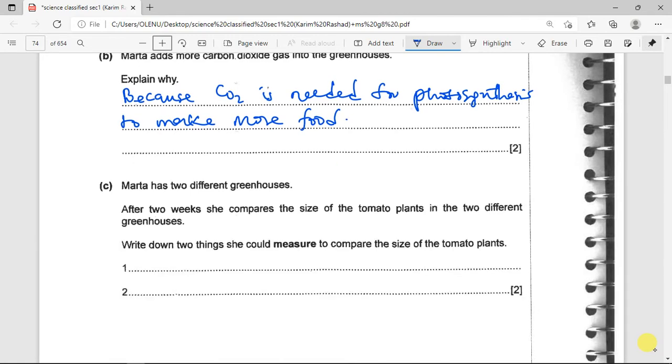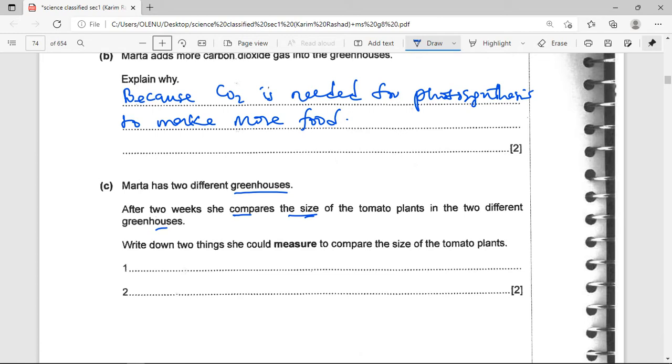Now, Martha has two different greenhouses. After 2 weeks, she compares the size of the tomato plants in the two different greenhouses. Write down two things she could measure when she compares the size of the tomato plants.